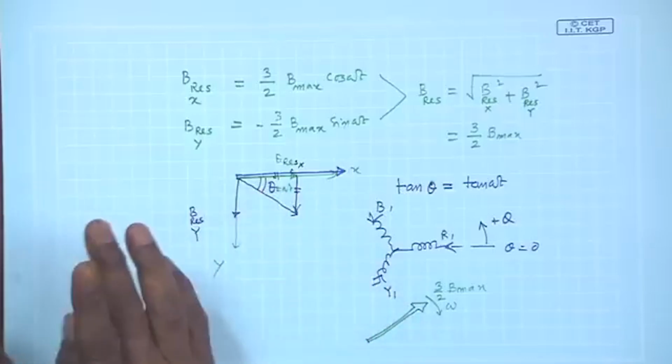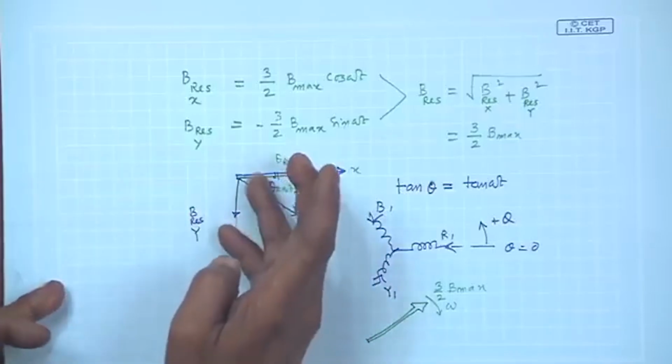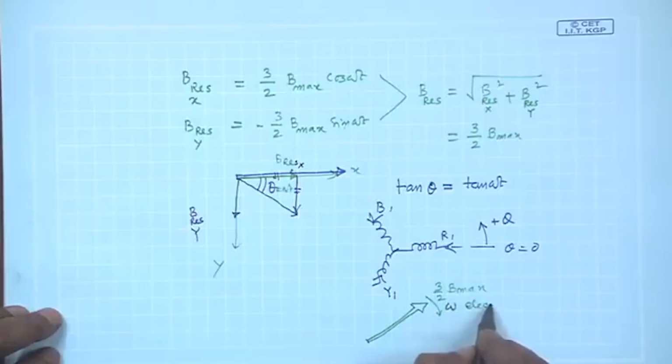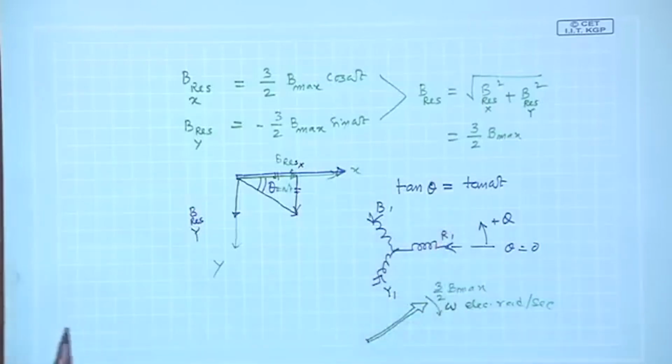So, time passes omega t, it moves by same omega. Therefore, with a speed omega, electrical radian per second, it moves in this way. Okay.